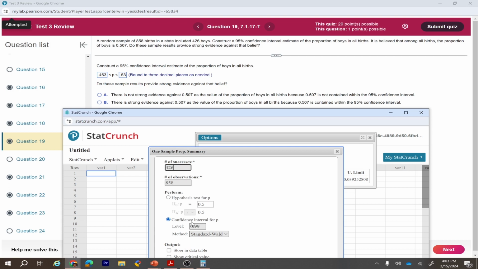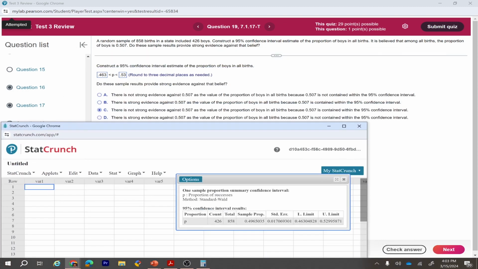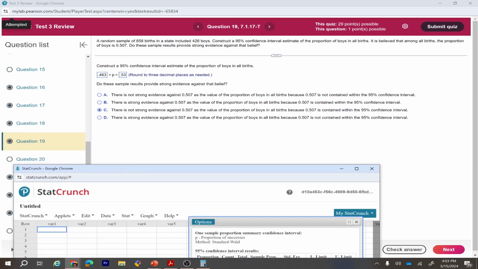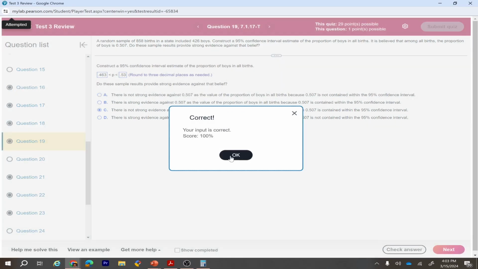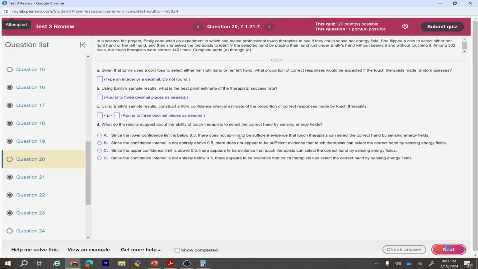That's the success, and we're looking for the 95% confidence interval. When you hit compute, it's going to answer your question. This is the lower limit, this is the upper limit, and this is the meaning. Very same question, so I'm going to skip that.